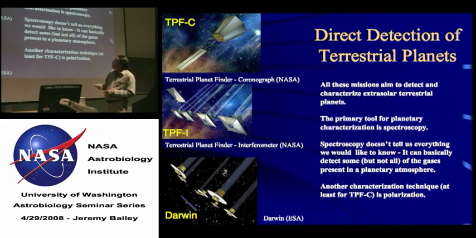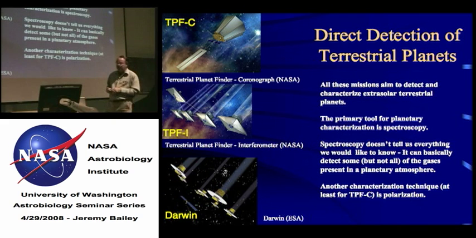These 2 instruments: this is Terrestrial Planet Finder-Imager, an interferometer, and this is Darwin, which is a similar proposal from the European Space Agency. These involve a number of infrared telescopes flying in formation and combining their light, and they can use interferometric methods to get rid of the light of the star and reveal the planet at thermal infrared wavelengths.